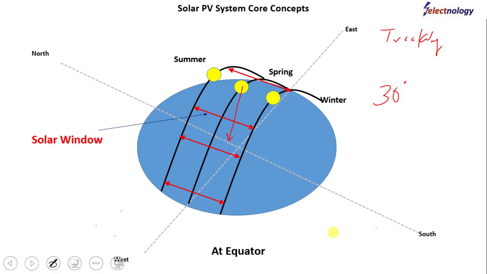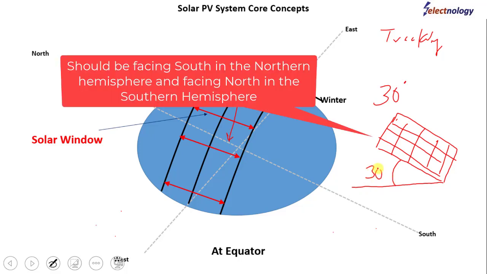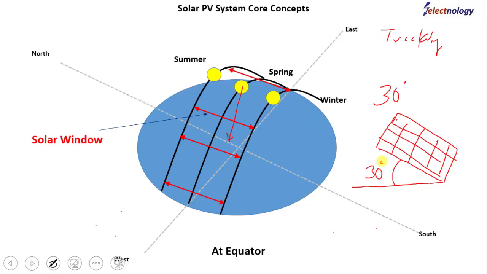That means if you are installing a PV module, let's say this is your PV module, then its angle with respect to the horizontal surface shall also be 30 degrees. So that is the PV tilt angle selected with respect to your location whose latitude angle is 30 degrees.